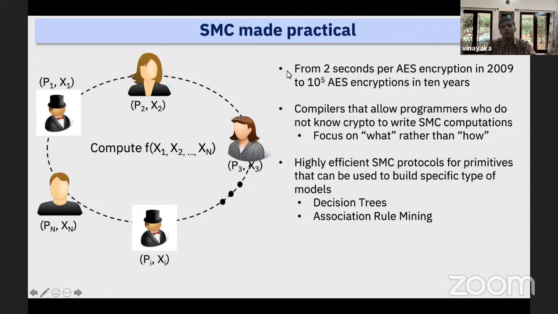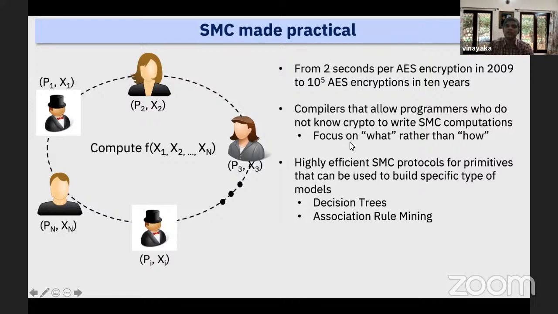But today, you can do 10 to the power of 5 AES encryptions, where somebody has the key and somebody has the algorithm, and they have to do the computation, two-party computation. This is one big performance improvement that has taken place.